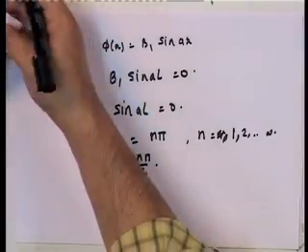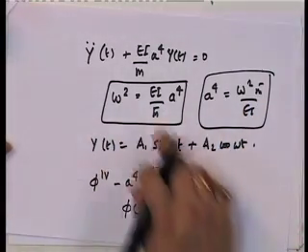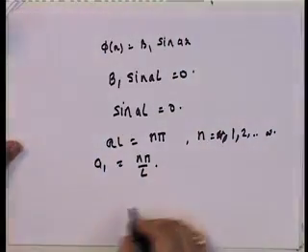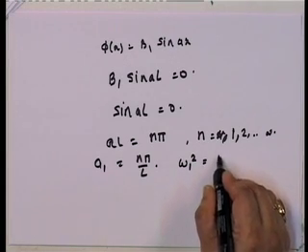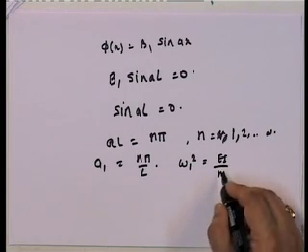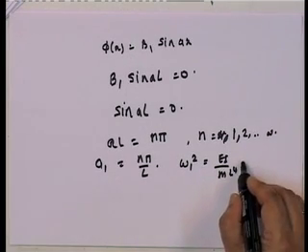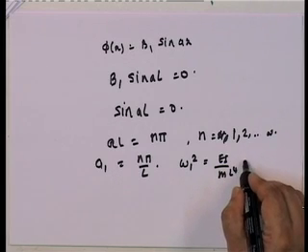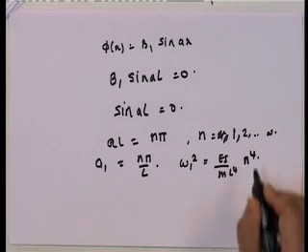Note that, going back to where we had defined this, we had written that A fourth is equal to omega squared m bar upon E I. So, if I write that down, then omega 1 squared is equal to E I upon m bar L fourth, times n pi fourth.